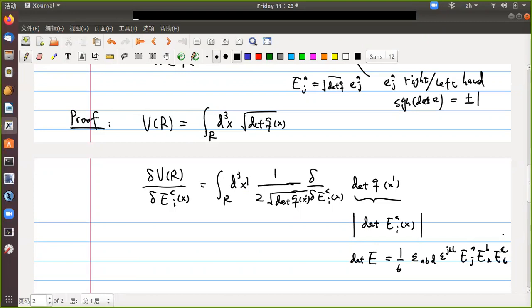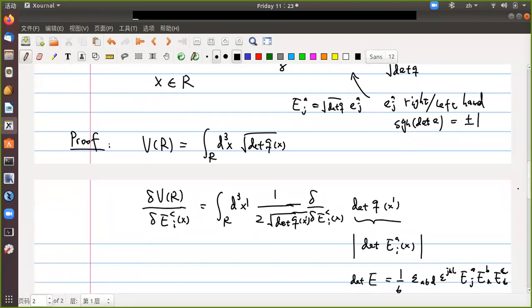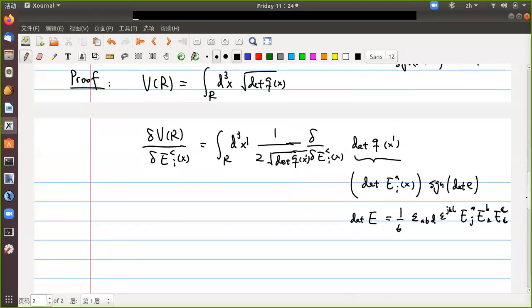Okay. So now you can express this determinant Q in terms of E, but the only price to pay is that you have to put an absolute value, and that's the origin of this sign of determinant E. You can replace this absolute value with just determinant E multiplied by the sign of determinant E to get just the absolute value.